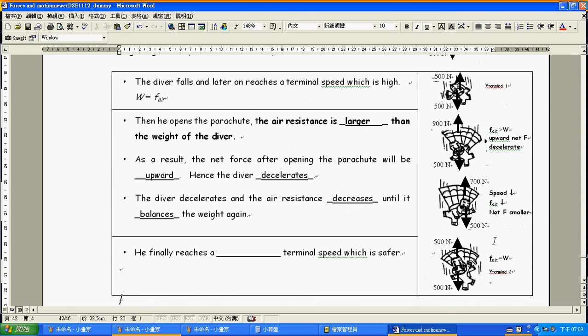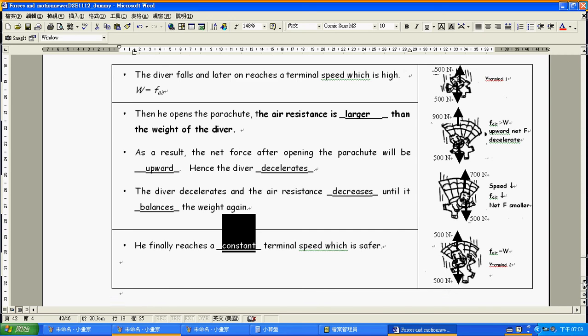So that is the last diagram. He finally reaches a constant terminal speed, which is safer.